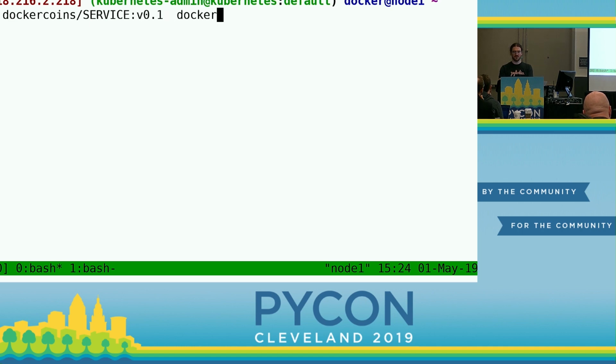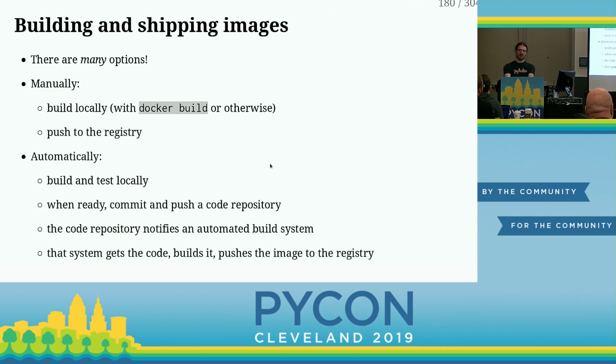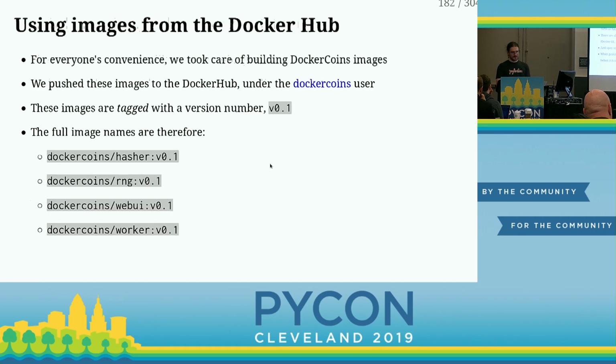So that means dockercoins/hasher:v0.1, dockercoins/walker:v0.1, etc., etc. Right. So we're going to do that. That's the recap for the image names.